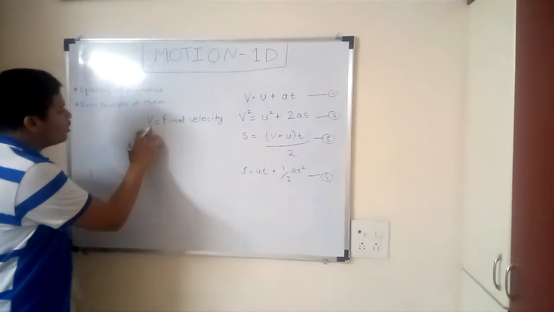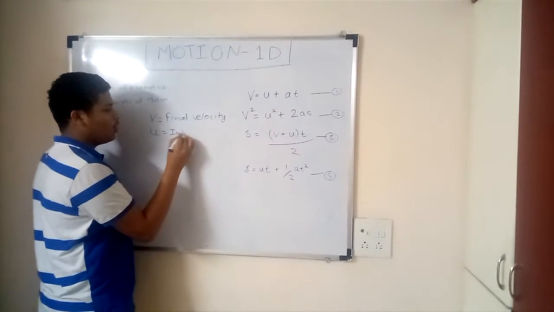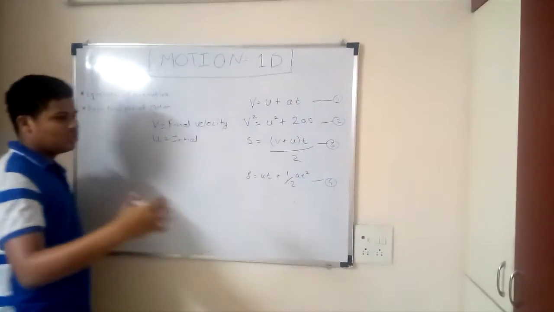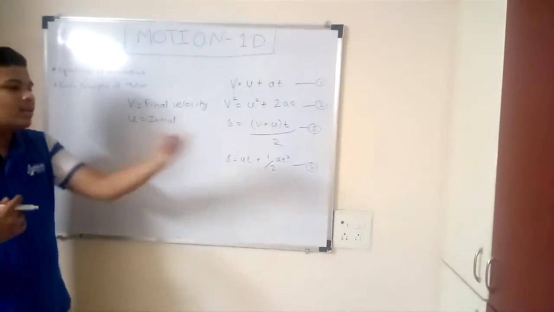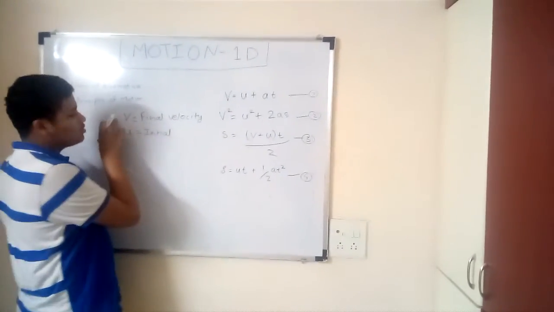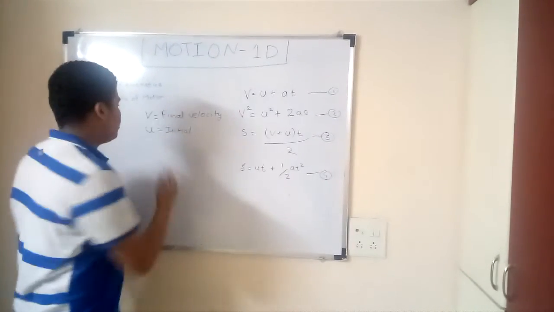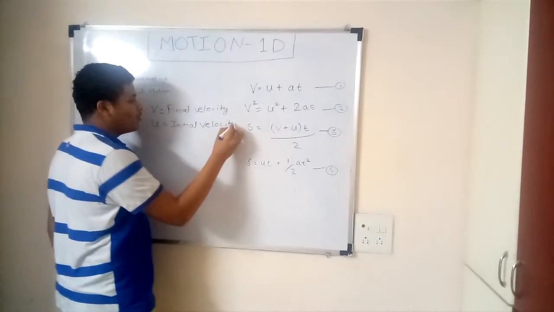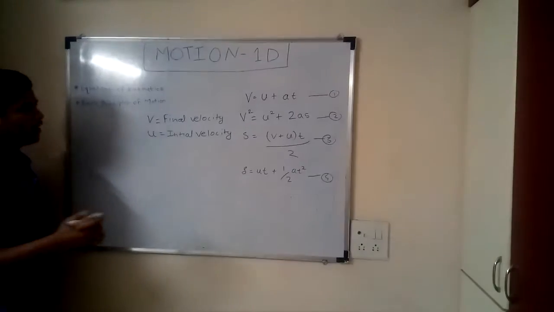The u is the initial velocity. If a body is at rest and it starts walking and covers 10 meters in 1 second, then the final velocity will be 10 meters per second, while the initial velocity will be 0 meters per second, because it was at rest. That's why the initial velocity was 0 at the start.